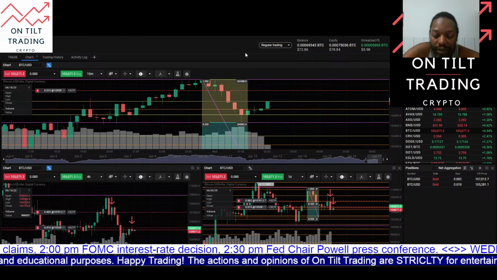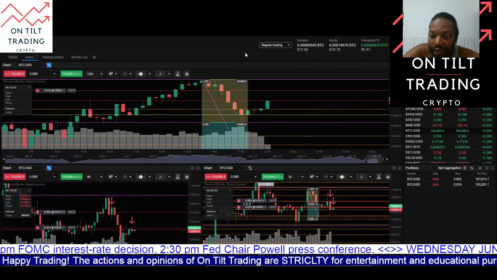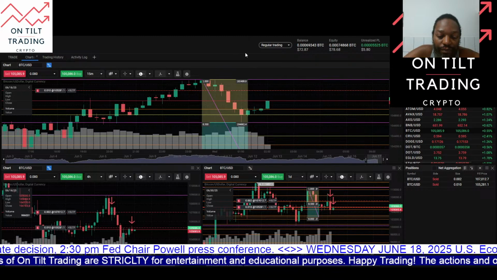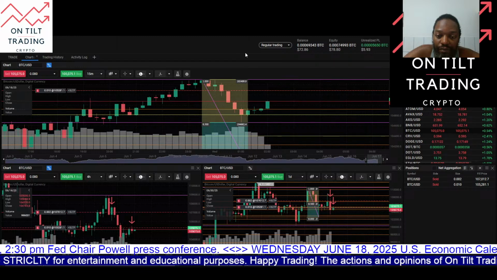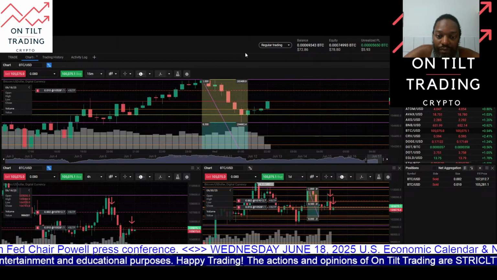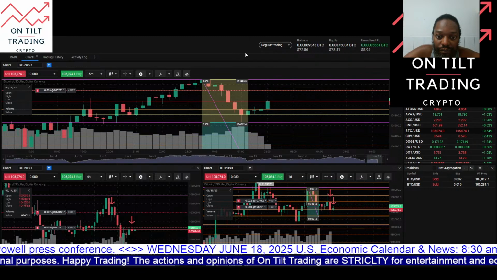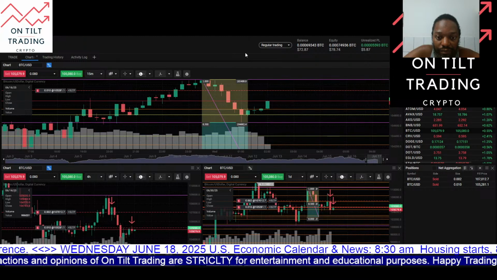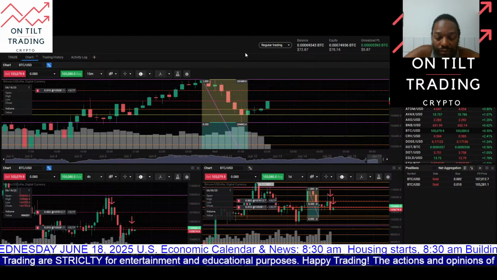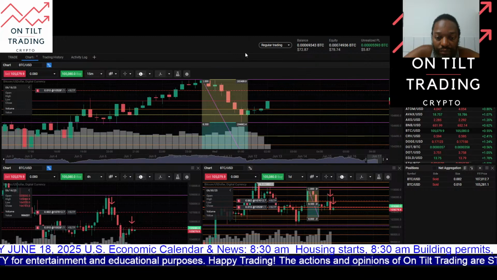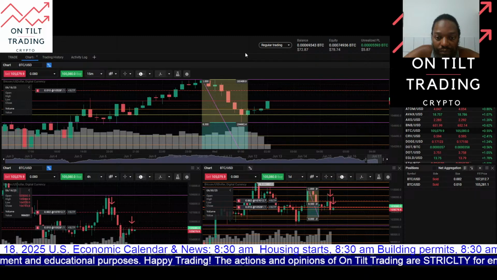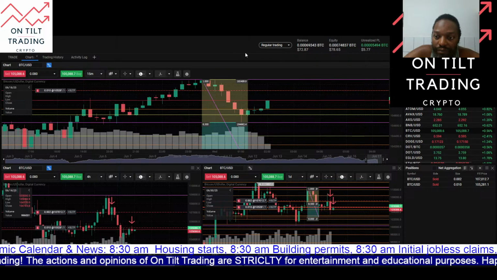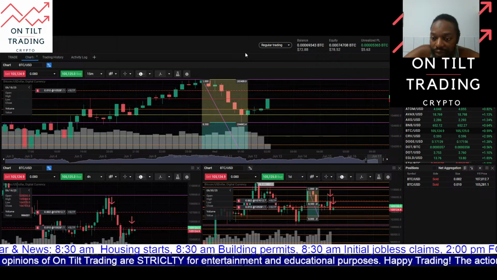Price being delivered to the buy side with speed here. Price still being delivered to the buy side with speed.